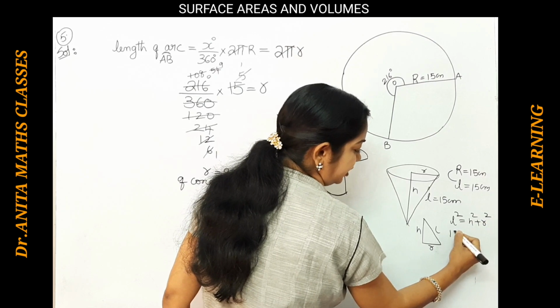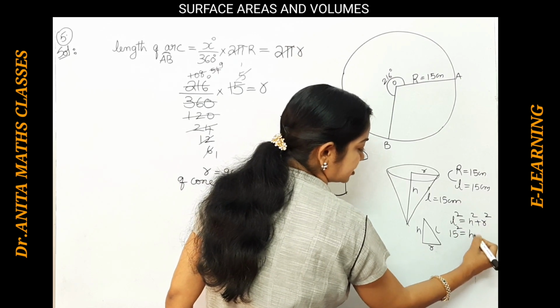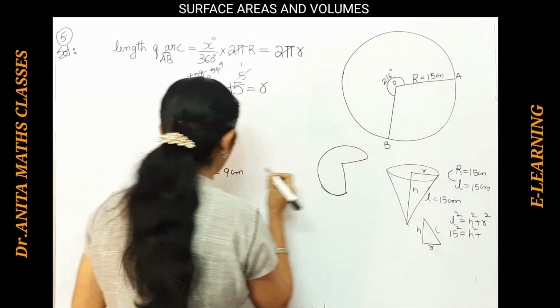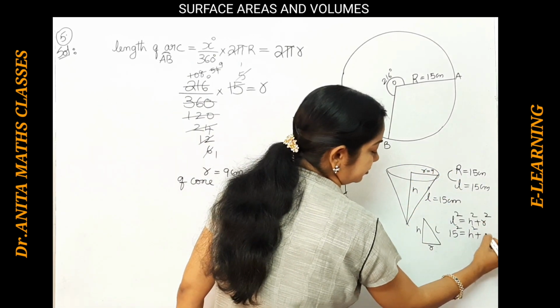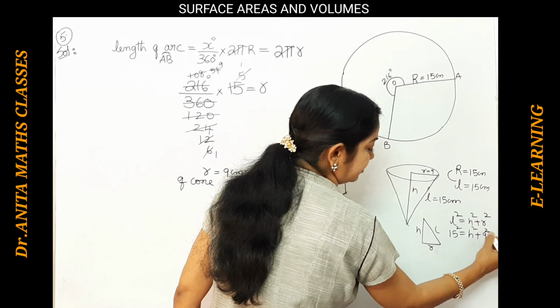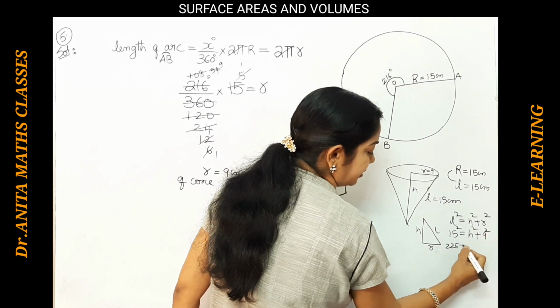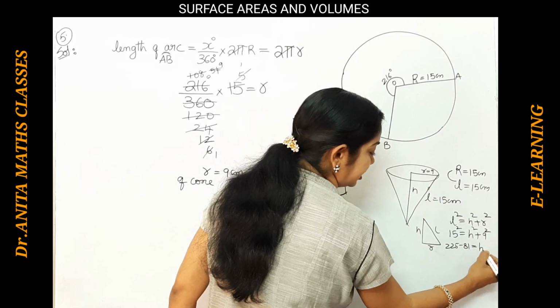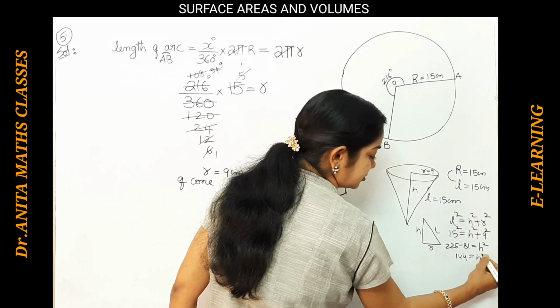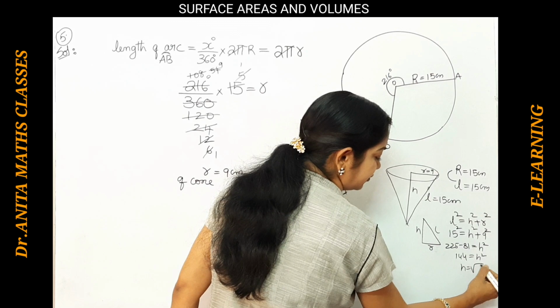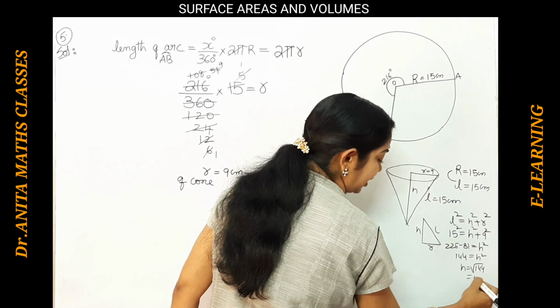So here 15 square is equal to h square plus r square, where r we got as 9. So 9 square is 81. So 225 minus 81 is equal to h square. So this comes to 144. So h value is square root of 144, that is nothing but 12.